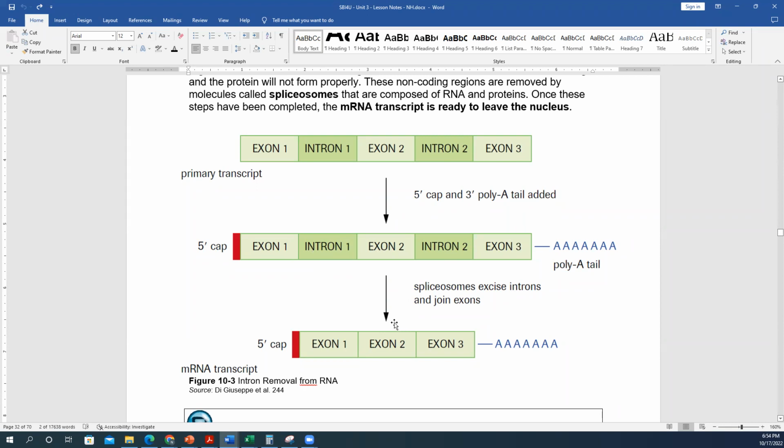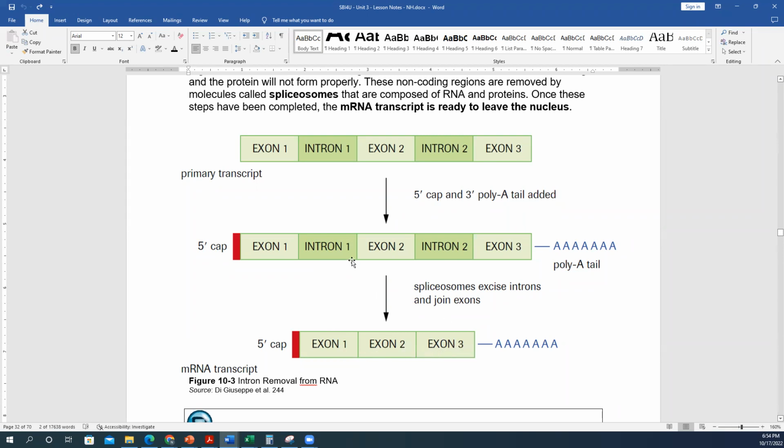We won't get into that in the scope of this course, but just be aware that these introns, these non-coding stretches of DNA, get removed. And these coding portions need to be strung together.